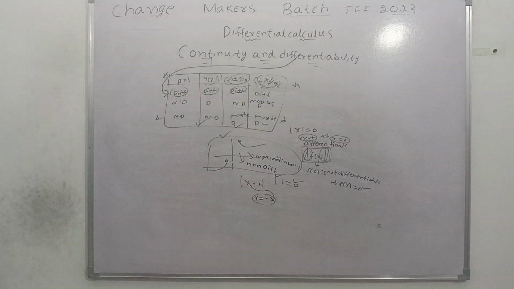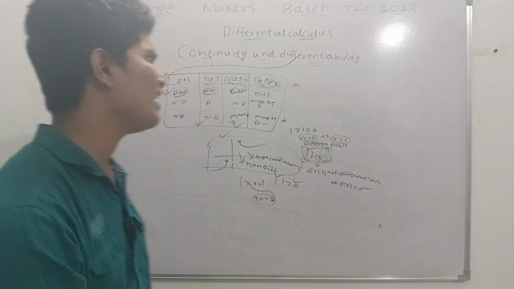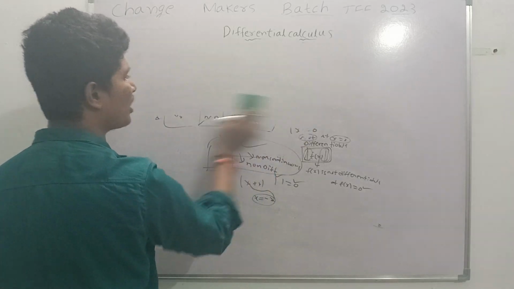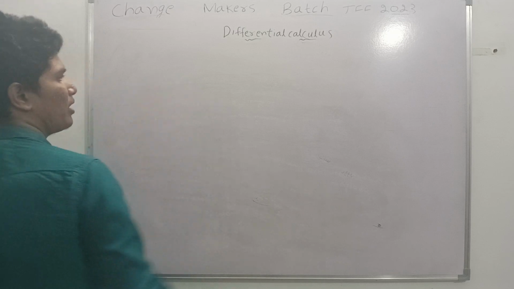Now we will discuss some of the questions which are really important. I will discuss very few questions because I have to give you time to revise and do the problems on your own, not by me.